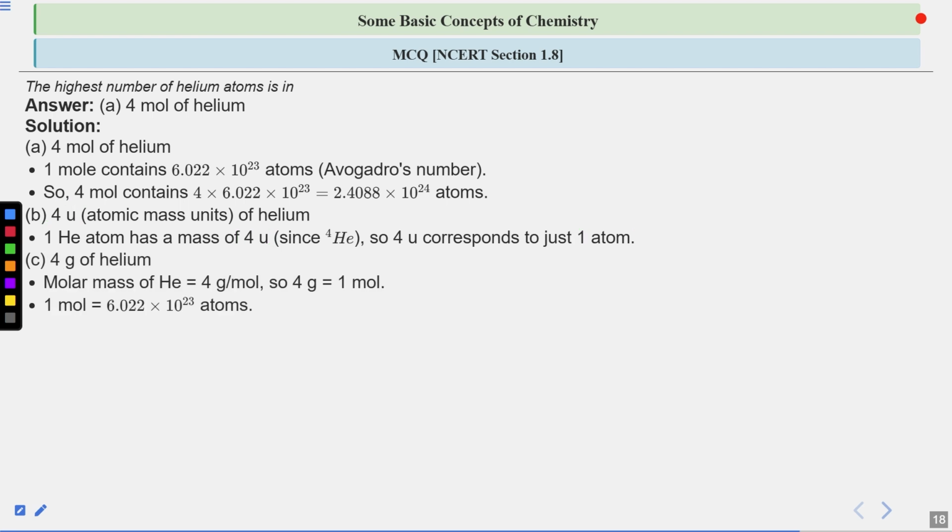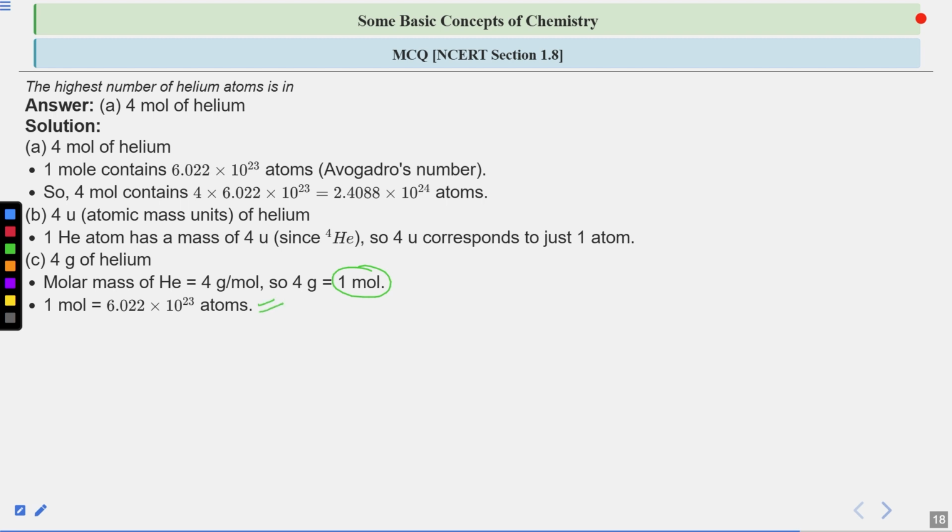Then what about 4 grams? In 4 grams of helium, we will have 1 mole, by the simple formula given mass divided by molar mass. Now what is the number of atoms? That would be 6.022 into 10 to the power 23 atoms.